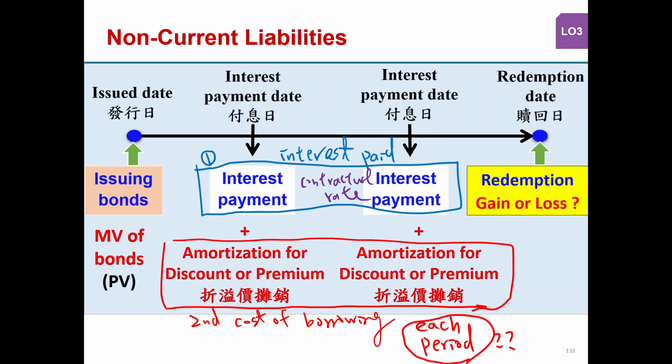So remember, when we want to find out our second cost of borrowing each period, which method do we use? Effective interest method, 有效利率法. Okay, so when we want to know the number for each period, we use effective interest method.